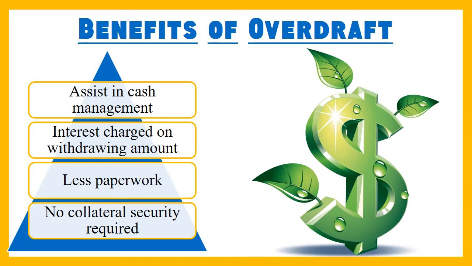Then the bank charges interest only on the amount that is withdrawn but not on the total overdraft limit. The paperwork is less, and there is not even a requirement of any kind of collateral security. So it means that overdraft is beneficial from the collateral security point of view as compared to cash credit.